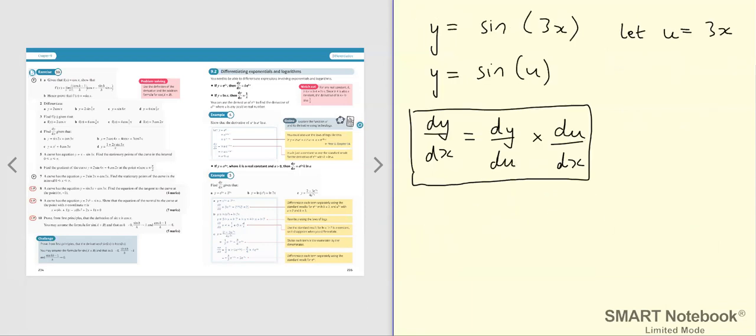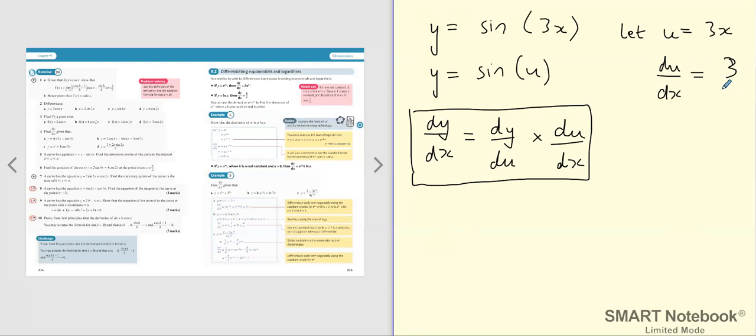So let's see how this is going to work out. If I write du by dx, what is du by dx? Please tell me in the chat. So u is 3x, and du by dx is going to be equal to 3.